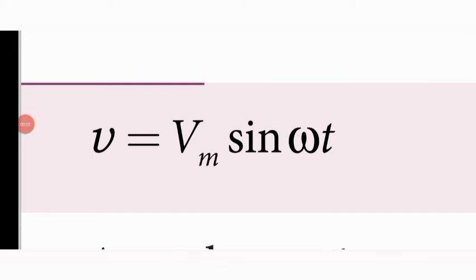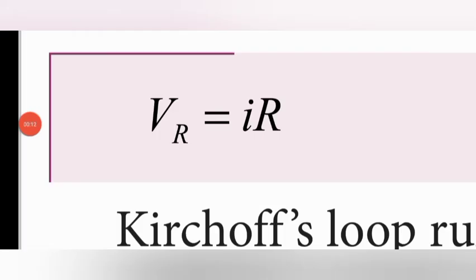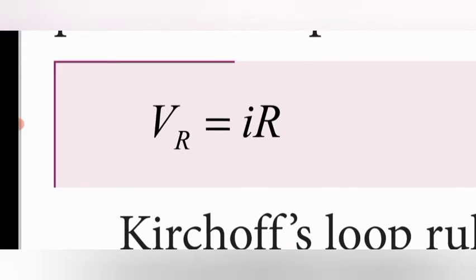The first equation, the instantaneous value of the alternating voltage, is V equals Vm sin omega t, which you know already. The second equation: when the alternating voltage is applied, alternating current is produced in the circuit, and it also develops a potential drop across R. So VR equals IR.